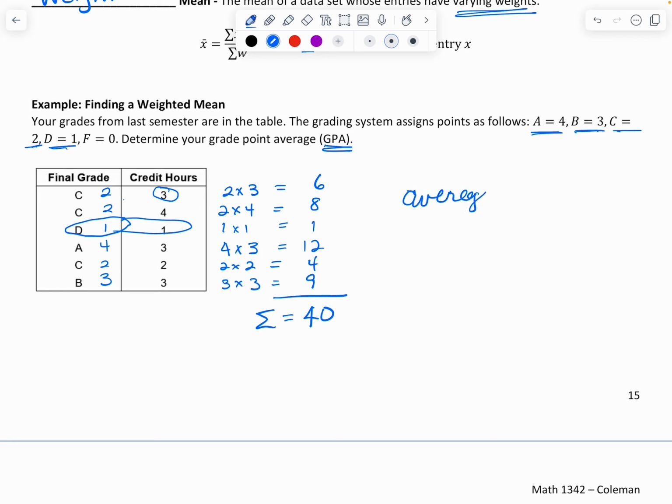So my average GPA is going to take the 40, and I'm going to have to divide by the number of credit hours that I have. In this case, that means I'm going to add up this column. If I add this column up, I get 16. So the credit hours is 16. If I do 40 divided by 16, my GPA is 2.5.